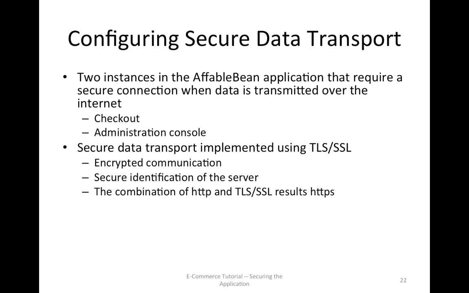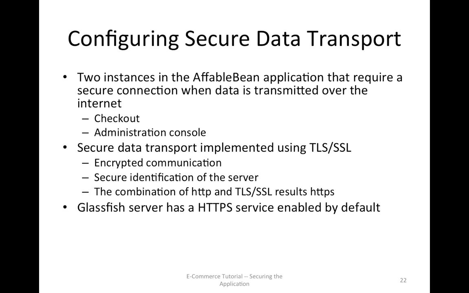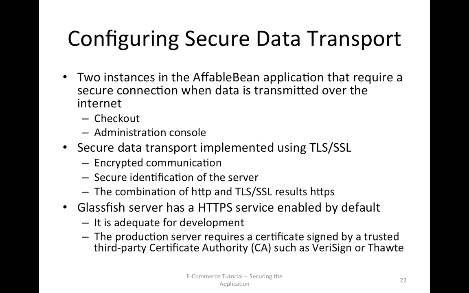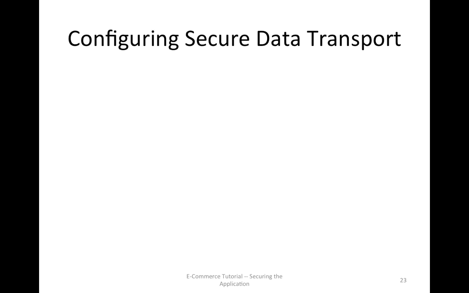The combination of HTTP and TLS or SSL results in HTTPS. The Glassfish server has an HTTPS service enabled by default. It is adequate for development. However, the production server requires a certificate signed by a trusted third party.